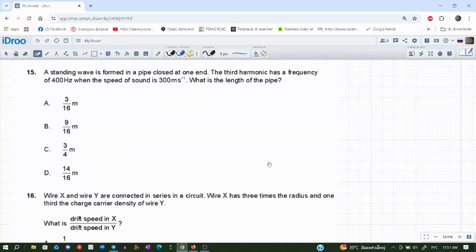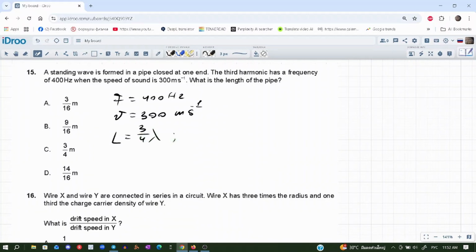We will say that f equals 400 Hertz. V, speed, equals 300 meters per second. We also know that this is the third harmonic in a pipe that is closed at one end only. So we know that the length equals 3 over 4 lambda, right?